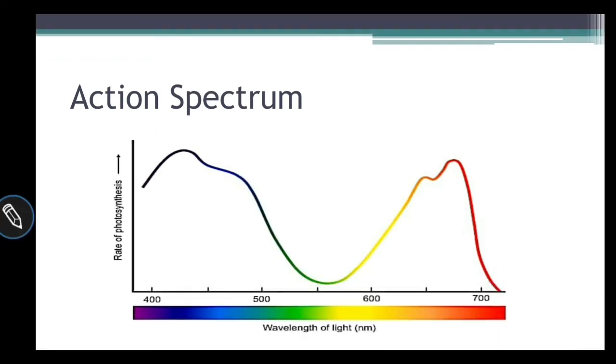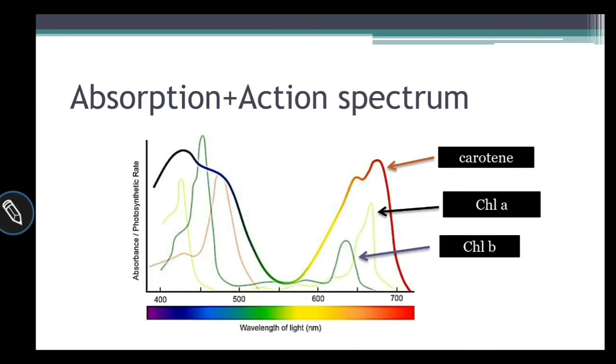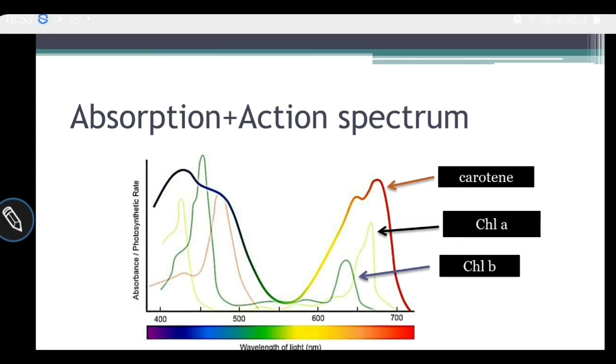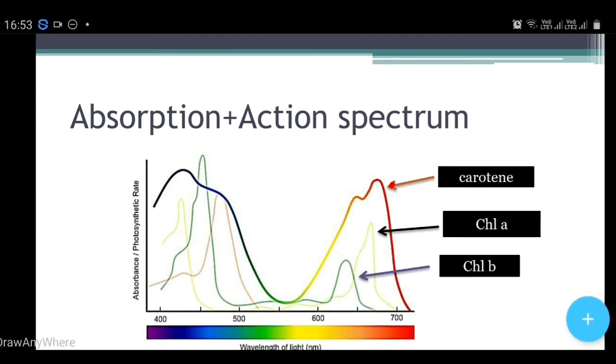Now what he did means he superimposed the action spectrum onto the absorption spectrum, and he explained that. So this is your carotene, and this is your chlorophyll A molecule, and this is your chlorophyll B molecule. Sorry, this is not carotene.